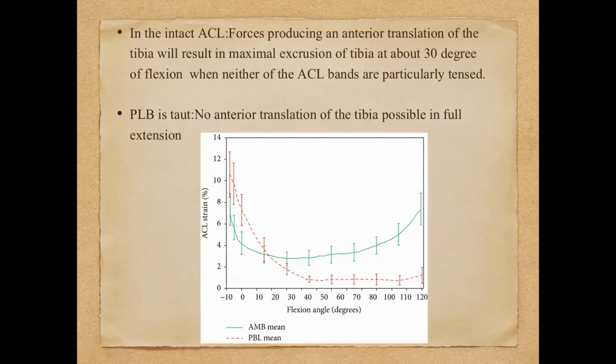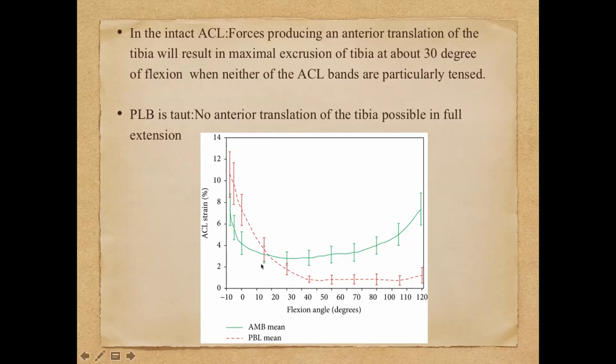In an intact ACL, the force producing anterior translation of the tibia will result in maximum excursion of the tibia at about 30 degrees of flexion, with neither ACL bundle particularly tense.